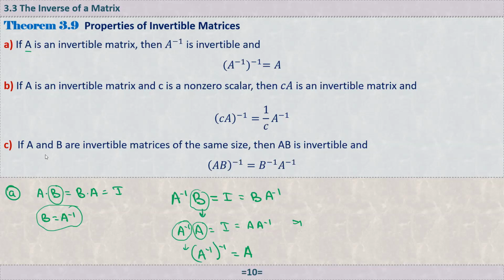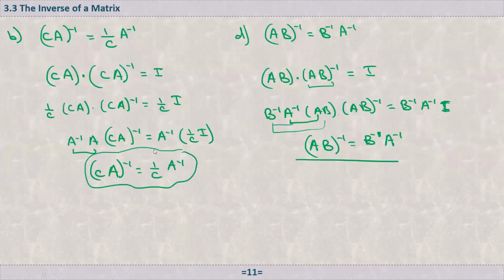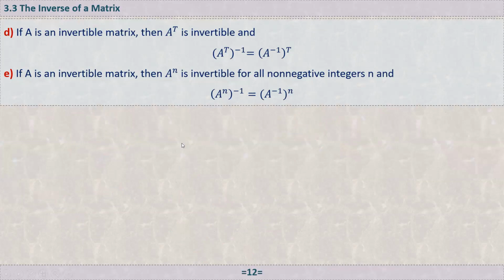And C: if A and B are invertible matrices of the same size, then AB is invertible, and AB inverse equals B inverse times A inverse. We have already proved this stuff, and let's continue from here.